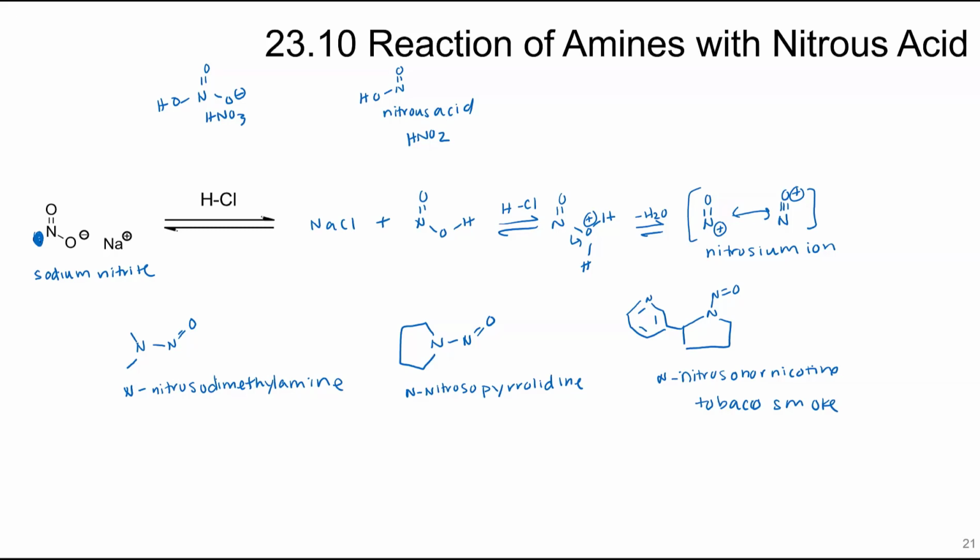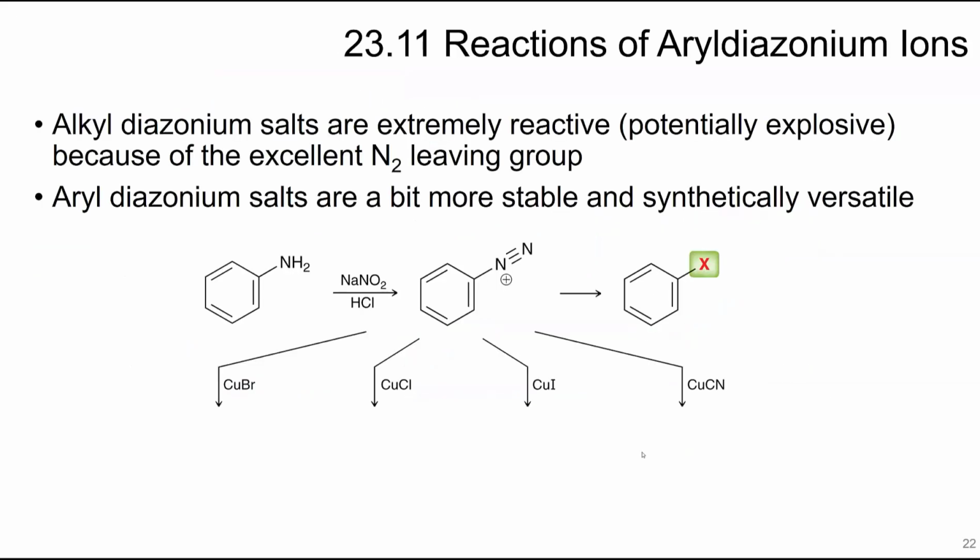These react to form diazonium ions, and these alkyl diazonium salts are extremely reactive, and they can be explosive because the nitrogen, or N2, is going to be the leaving group in these reactions. Aryl diazonium salts are a bit more stable, and they're synthetically versatile. So if you have aniline, we can use NaNO2 and HCl.